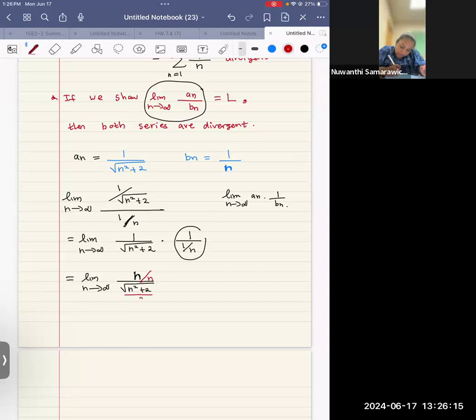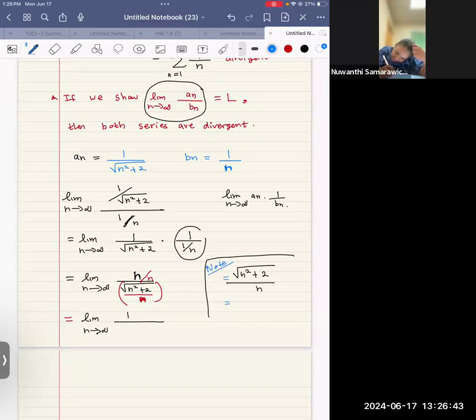In the numerator you will have 1 over, when you divide n squared plus 2 by n, because n is the same as the square root of n squared, right?